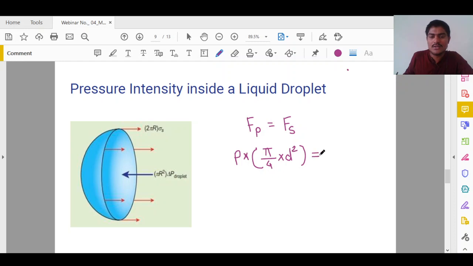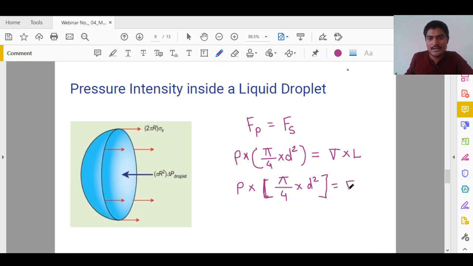The surface tension force we can easily write as the surface tension sigma into L. This we have already seen in the last video. So P into pi by 4 into d square.